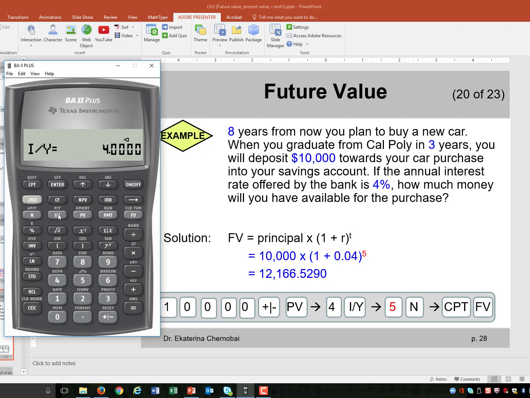It will be earning interest over 5 years between the end of year 3 and the end of year 8. I press 5 N, and I need to compute the future value. Compute FV. $12,166 and approximately 53 cents. It's actually 5290, like on the slide.